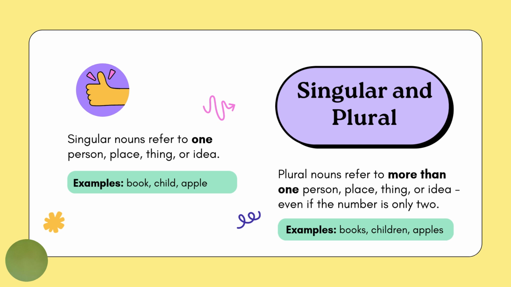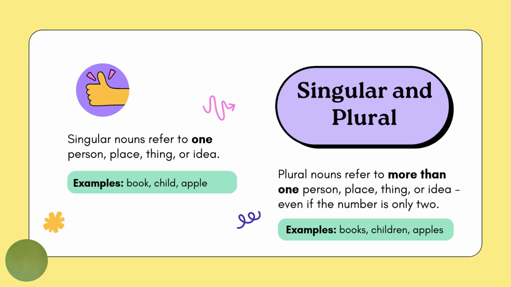Next, the two important essential terms that you have to learn related to nouns are singular and plural. Okay, so singular nouns refer to one person, place, thing, or idea, while plural nouns refer to more than one person, place, thing, or idea, even if the number is only two.